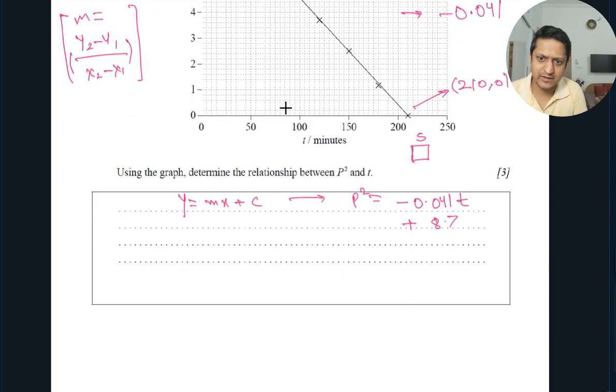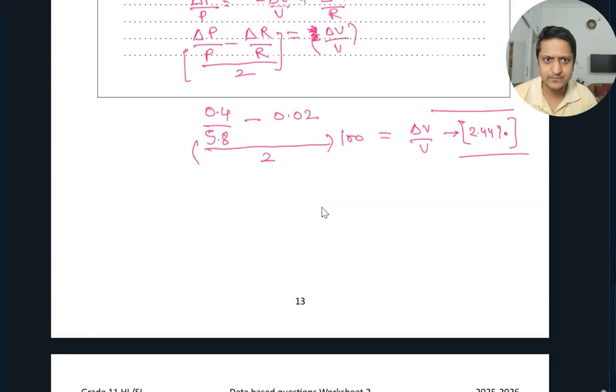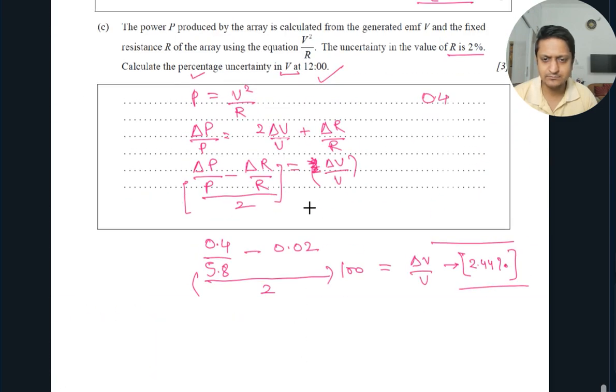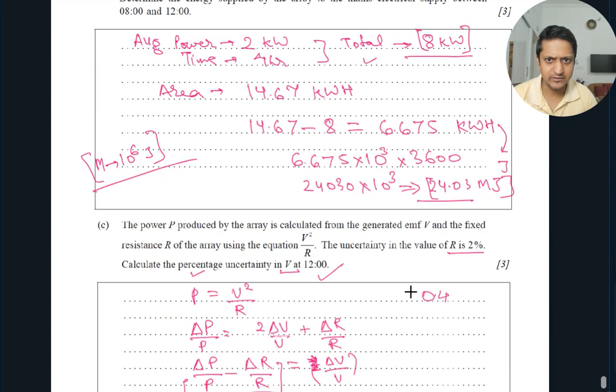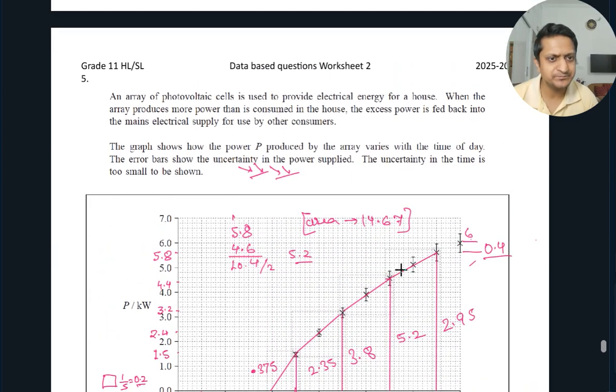So we can say that p square equals 8.7 minus 0.041 t. So this will be the right answer for that. This is how you have to solve it. Let me see, everything is right. Yeah, so everything is right here.